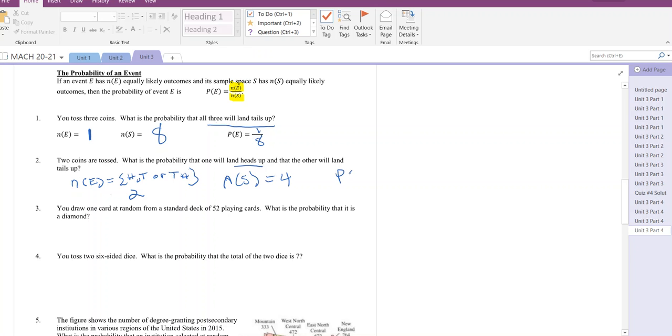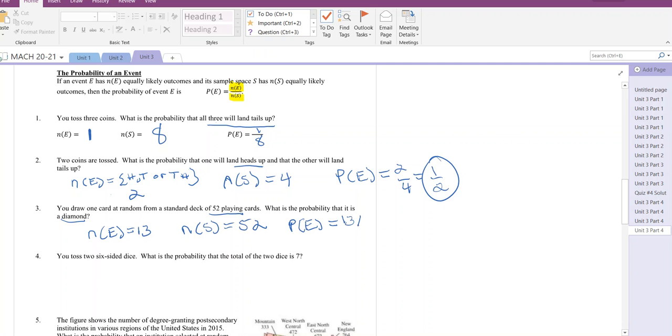So the probability of the event is 2/4, which reduces to 1/2. You draw one card at random from a standard deck of 52 playing cards. What is the probability it's a diamond? The number of diamonds in the deck is 13, and the number of cards in the sample space is 52. So the probability is 13 out of 52, which is 1/4.